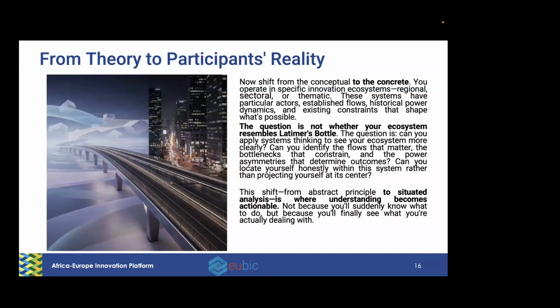This requires asking very concrete questions, and I have a couple of them. Which flows work well in our system? Where do things repeatedly get stuck? Which incentives push actors in productive directions, and which ones create defensive behavior? So, is anyone here willing to share something on these questions?